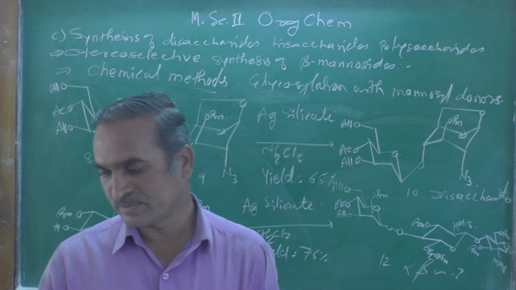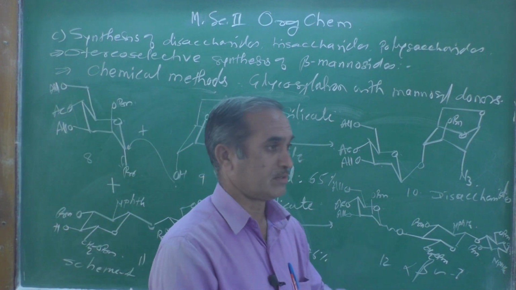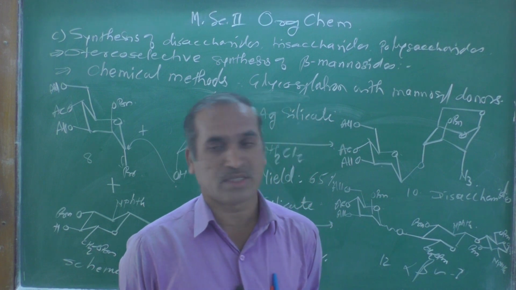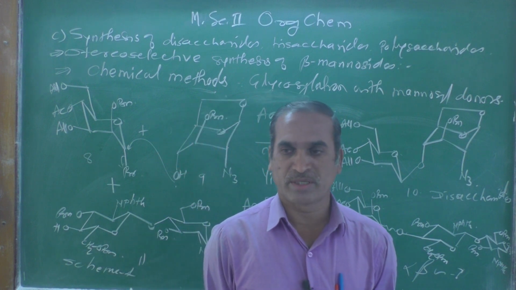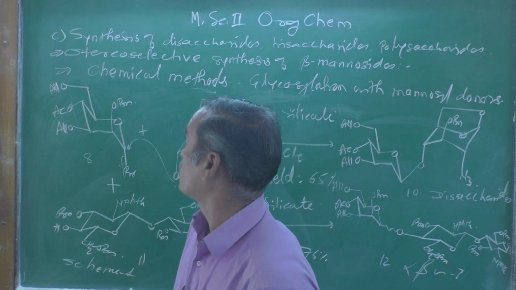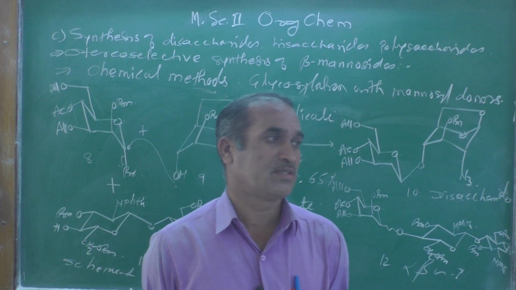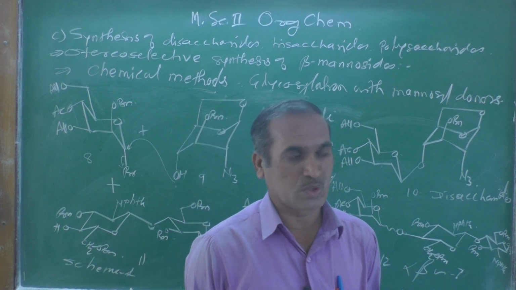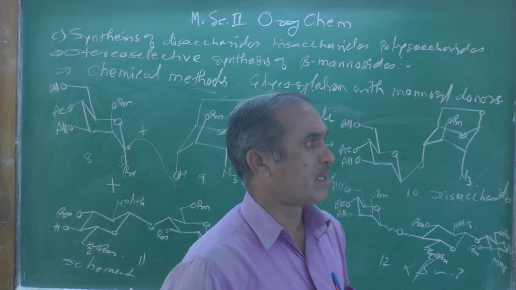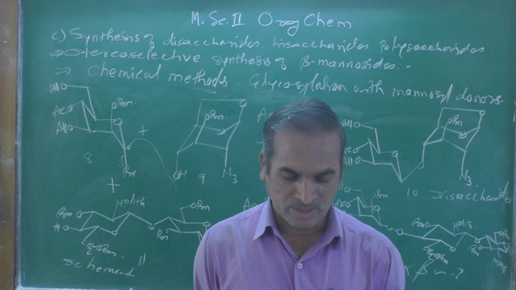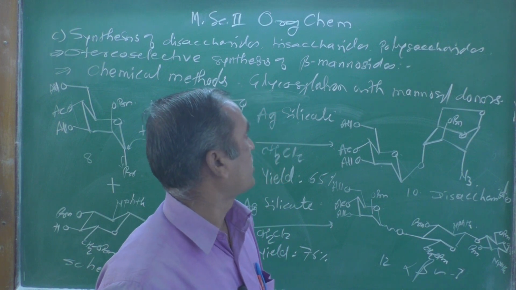Whatever we have seen, all these reactions are taking place as SN2 type reactions. These are some of the prominent points you should remember as far as this stereoselective synthesis of beta mannoside is concerned. We are actually trying to synthesize disaccharide, trisaccharide and polysaccharide with the help of this concept, that is beta mannosides.